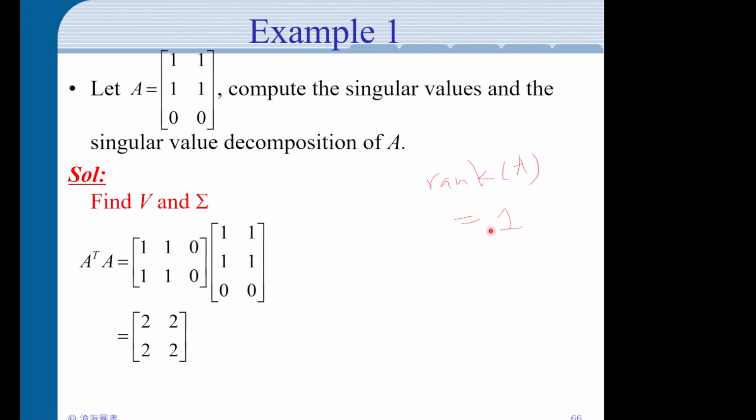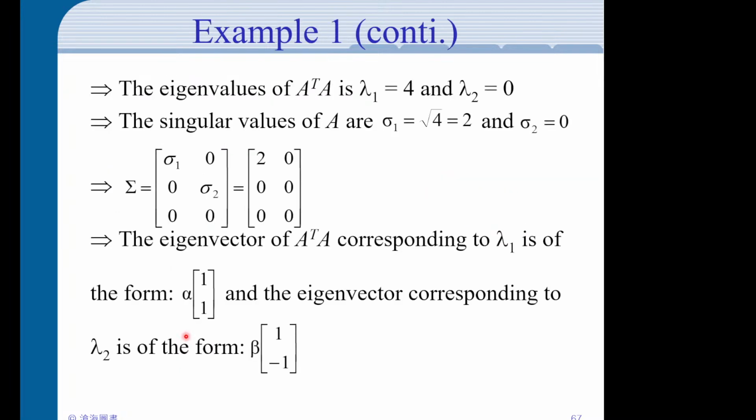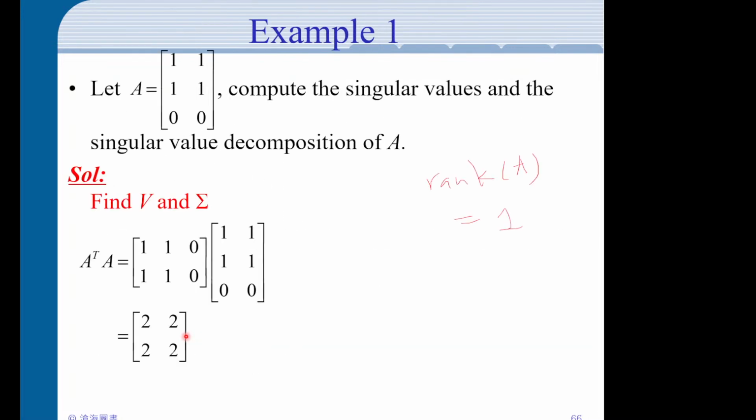Okay, so we do ATA. We do the ATA calculation, and we find that this matrix has rank still just the rank of A. We calculate ATA, and it is a 2 by 2 matrix. Now it's a square matrix, and we know how to do diagonalization. So we can do the thing we have known from 6.1.